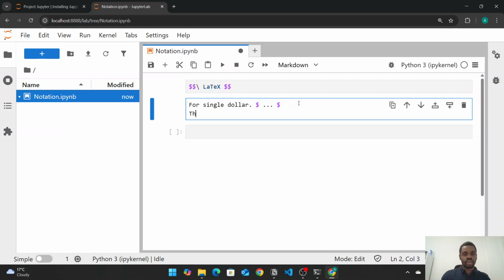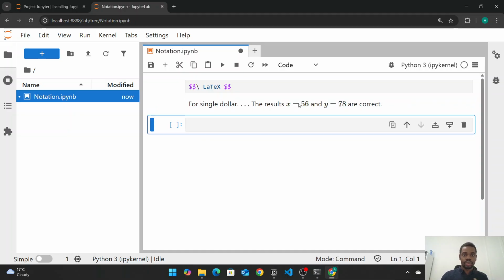I can say, the results, let's start the results, x equal to 56 and y equal to 78 are correct. And you can see the results x equal to 56 and y is equal to 78 are correct.